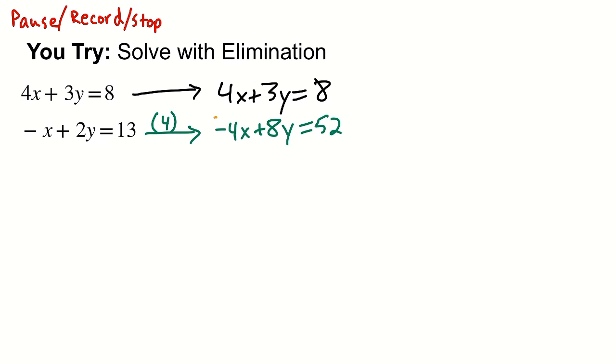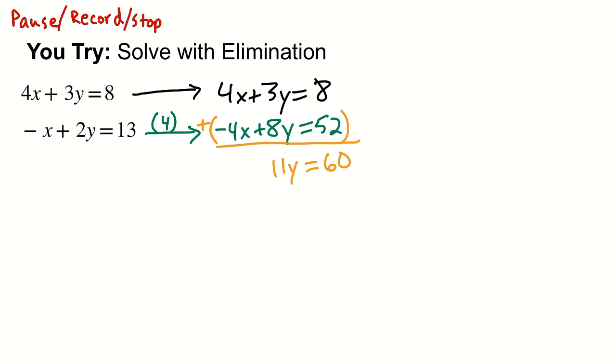Good. All right, so now we can take our two equations and add them together, because 4x plus negative 4x is 0x. And 3y plus 8y is 11y. And 8 plus 52 is 60.